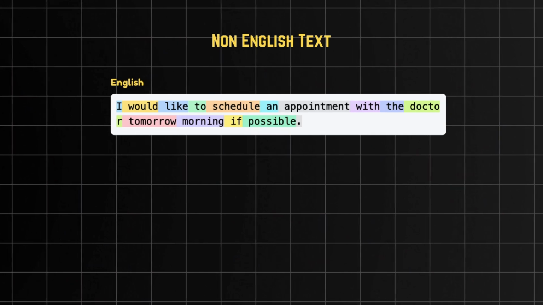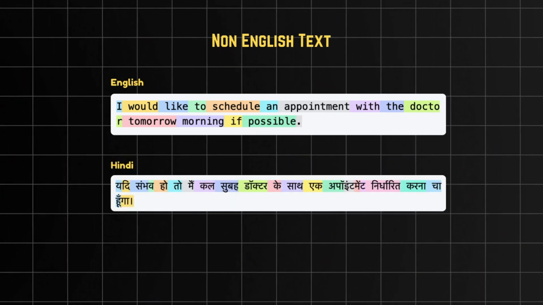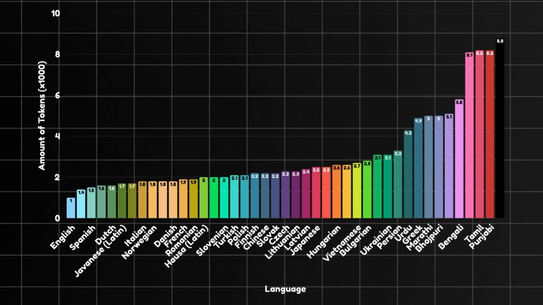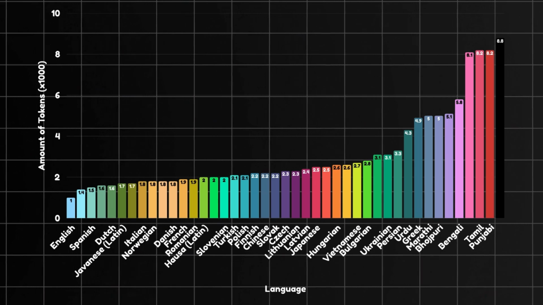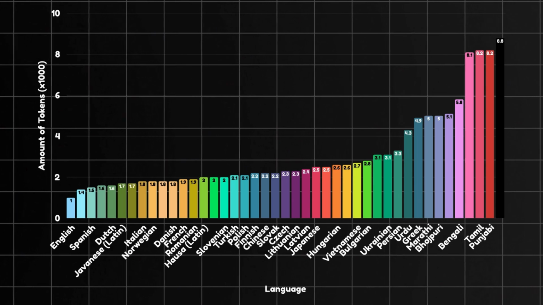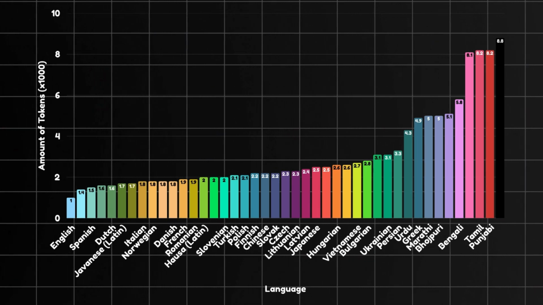Take the exact same sentence and translate it into languages like Hindi, Tamil, or Telugu. And you would see the token count jumps to 5 to 8 times compared to English. Why? Because the tokenizer was primarily trained on English text, and non-Latin text gets tokenized at much finer granularity. So if you're building a product that is going to be used globally, you can't use this approximation at all.